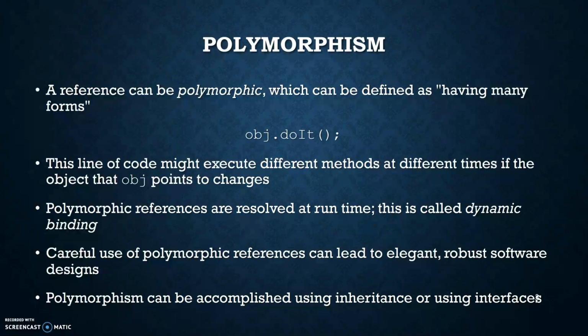This is referred to as late binding or dynamic binding. It is less efficient than binding at compile time because the decision must be made during the execution of the program. But the flexibility that a polymorphic reference gives us makes up for that. We can create a polymorphic reference in Java in two ways, using inheritance and using interfaces.